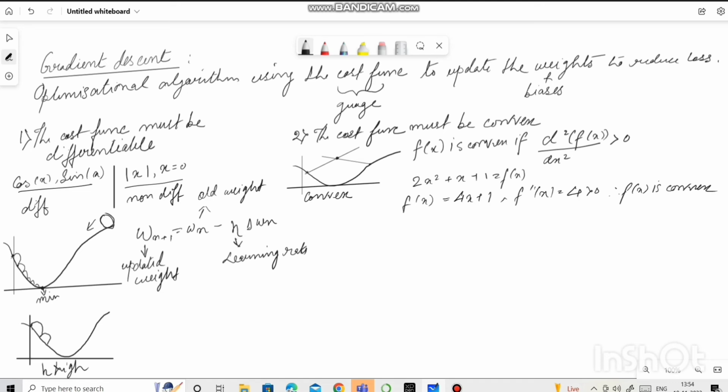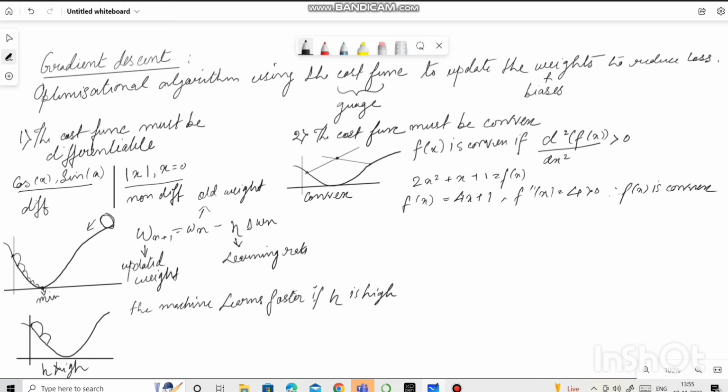Now if we have a very high learning rate, the machine learns faster or updates faster if learning rate is high.